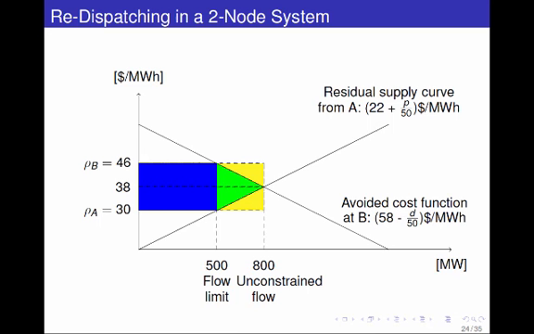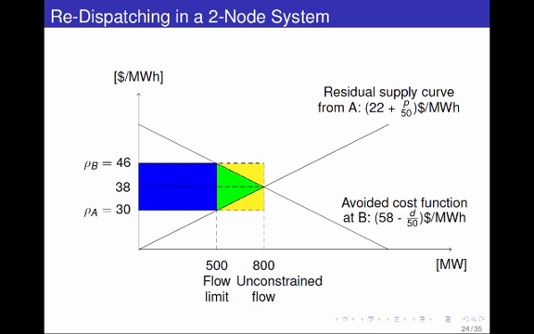So this is like a demand curve from the point of view of consumers in area B. And the way you derive this is thinking how valuable is the first megawatt coming from area A: it is 58. Why? Because it would replace the 600, the 800 megawatts of demand.